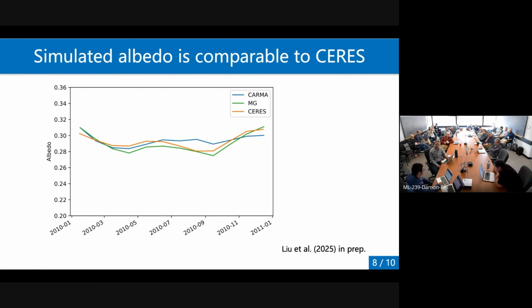So here's the figure for the time series of albedo for Karma, MG, and the data. We have pretty similar annual mean albedos, which is around 0.29 for all the data and the models, and the relative error is smaller than 1%.